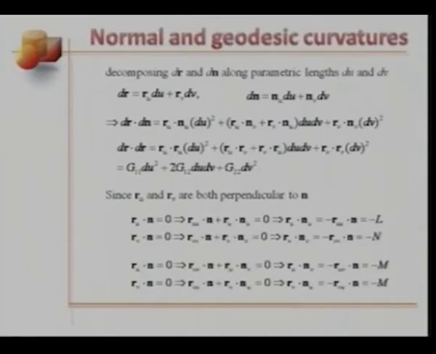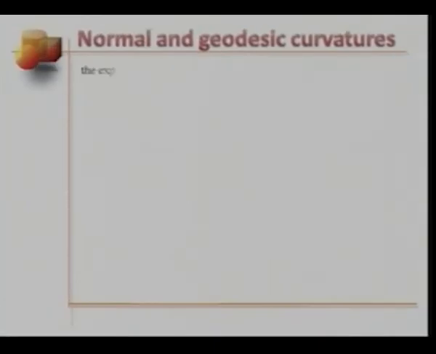This is a quick recap. We computed dr dotted with dn and dr dotted with dr in terms of the elements of the first fundamental matrix G and the second fundamental matrix D. All we have done is we have substituted for the numerator and denominator for kappa sub n right here.